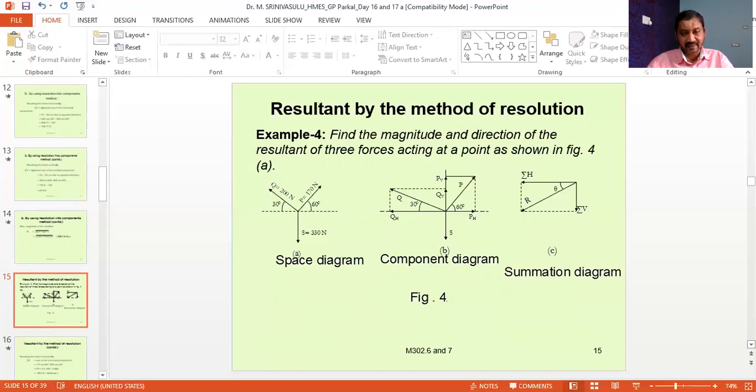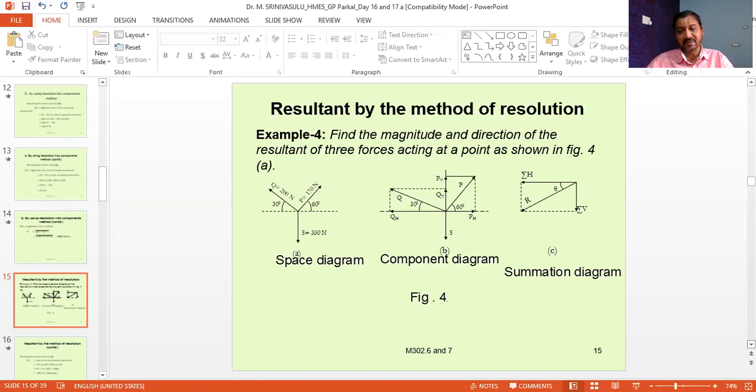The given force system is drawn in the space diagram. Now in figure B we have drawn the component diagram. Here the three forces are resolved into their components.